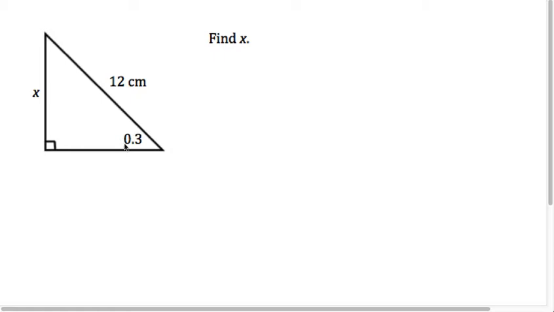So according to this angle, this side is opposite and this is hypotenuse. So we are going to use SO. So we will just write the sine of 0.3, that's the angle size, in radian in this case, is equal to opposite, which is x, over hypotenuse, which is 12.